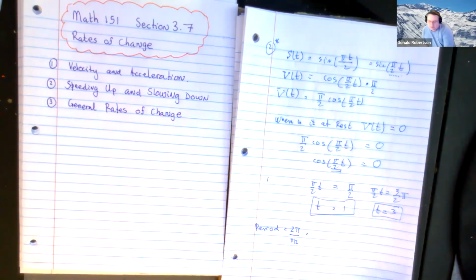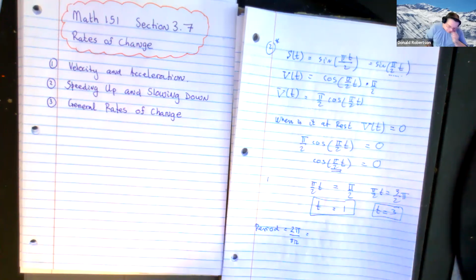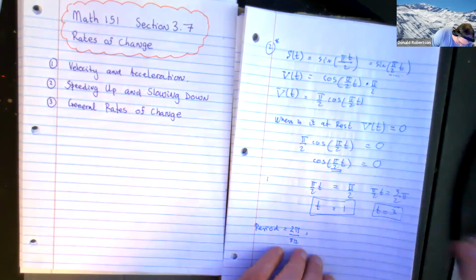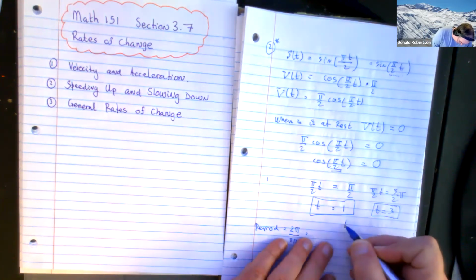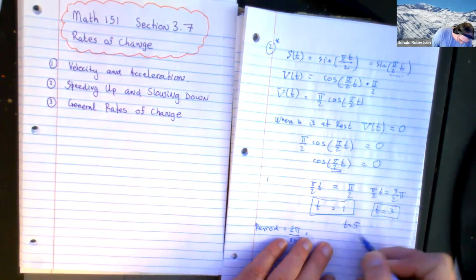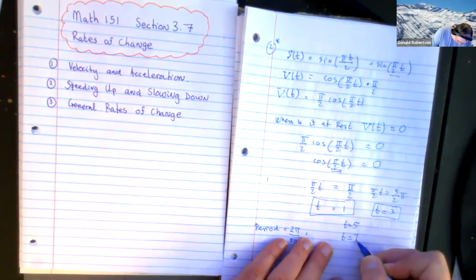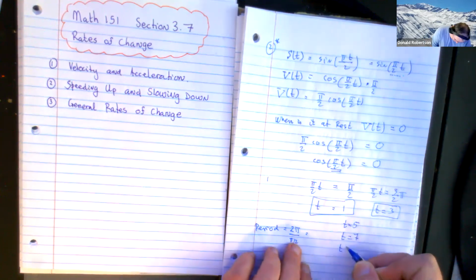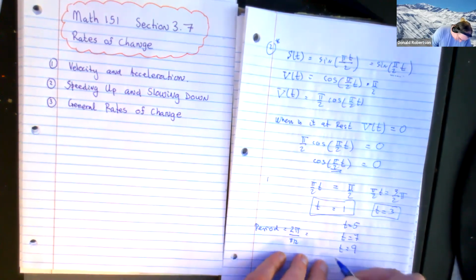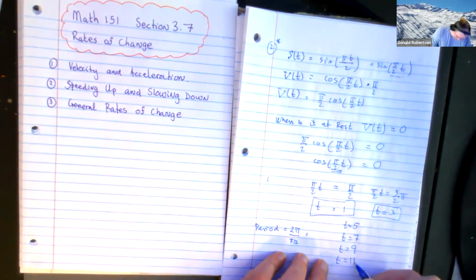Right. Agreed? Okay, let's try a different way then. If I did the next one, the answer would be t equals 5. If I did the next solution, it would be t equals 7. If I added the period on, the next one would be 9. If I added the period on, it would be 11.